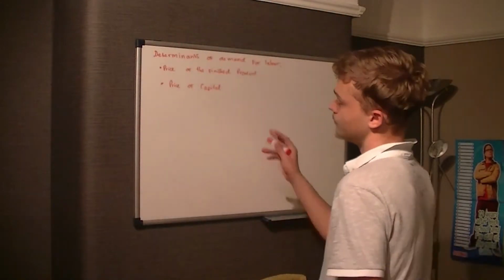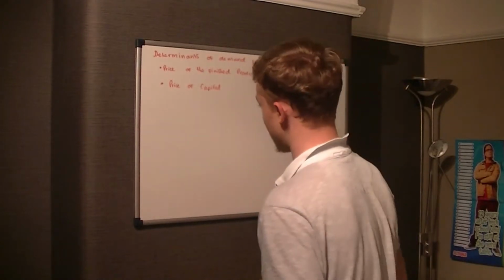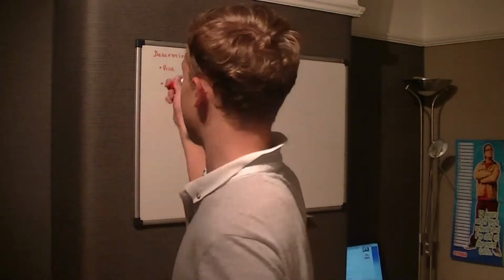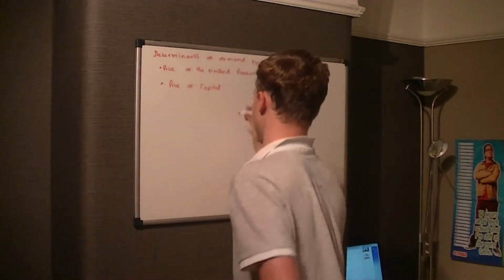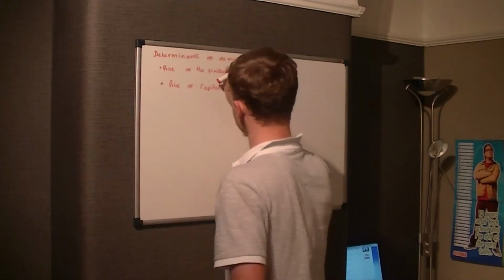That's the aim of most firms, apart from your odd exception of your social enterprise, or your football clubs that are there to maintain a steady profit, but are there for winning trophies, etc. Manchester United. Price of capital. Now, if the price of capital is less than the wage rate in terms of what it produces, then obviously firms will demand more capital equipment, so it should be price of capital equipment actually.